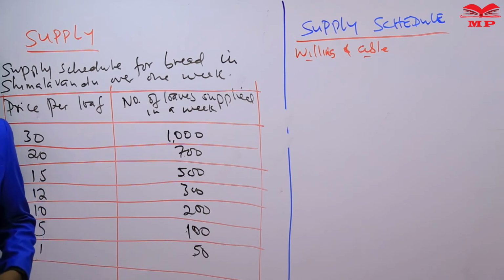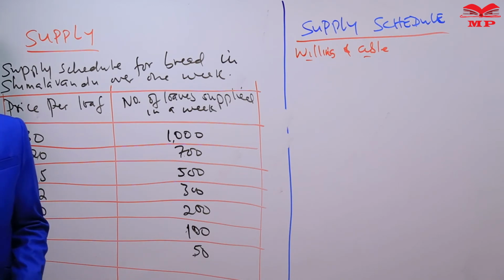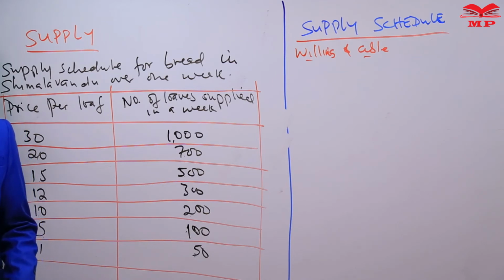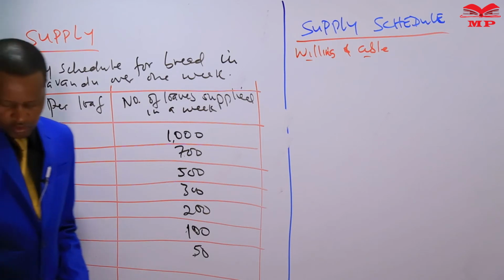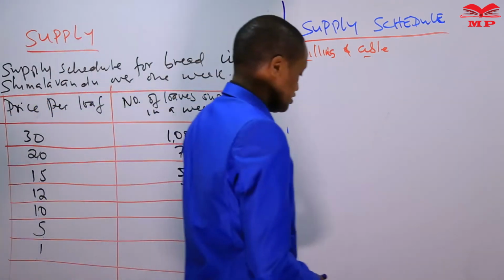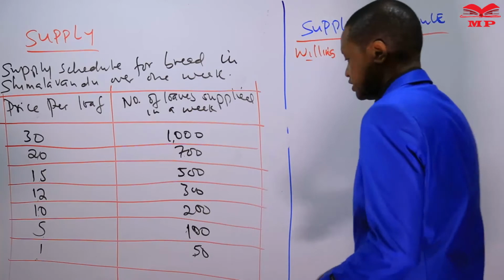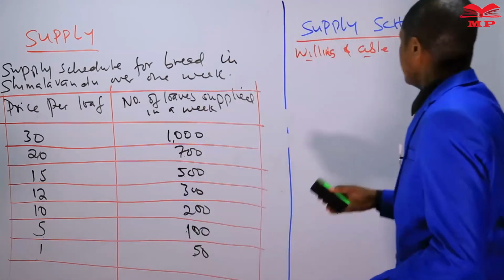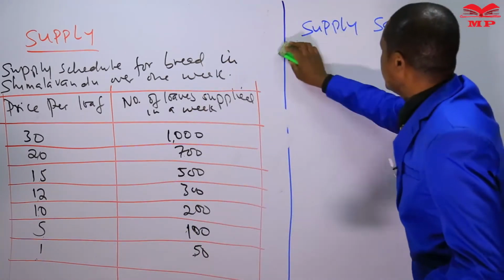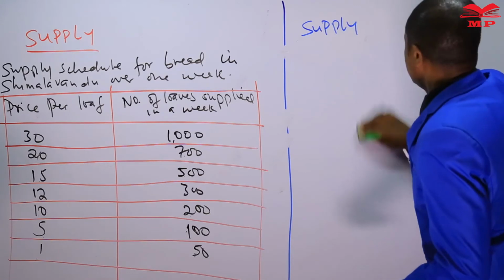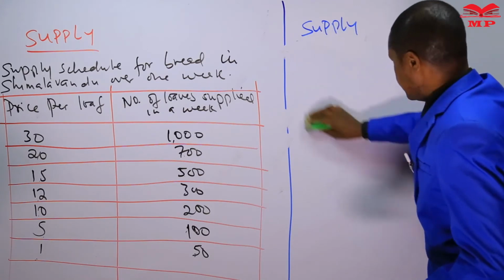A supply curve is a graph showing the relationship between the price of a commodity and the quantity of the product supplied.